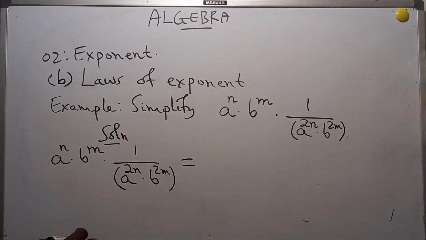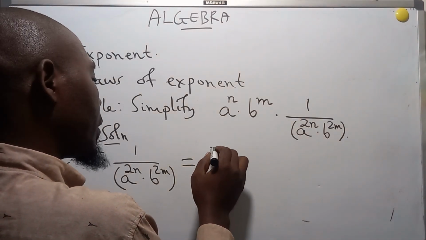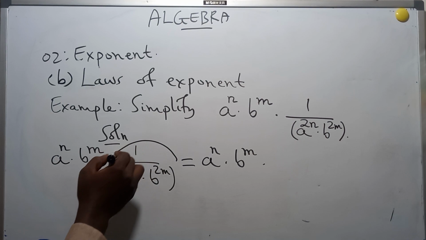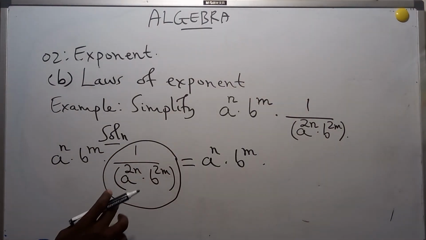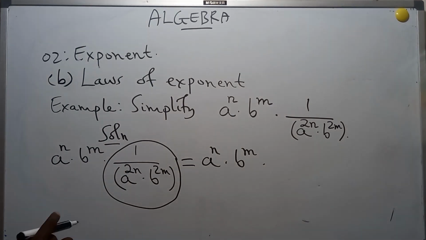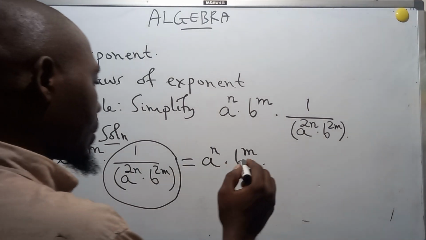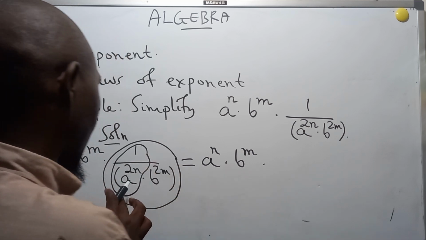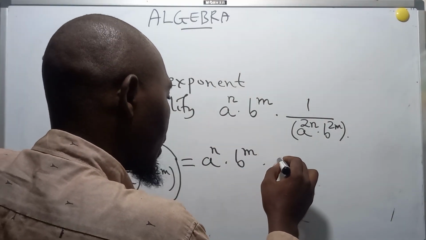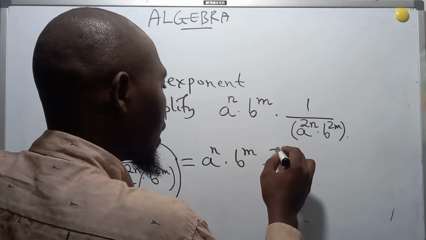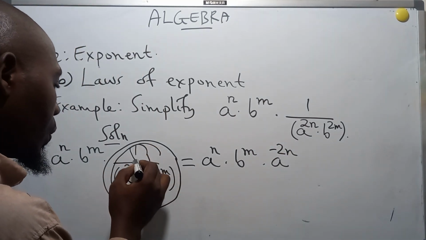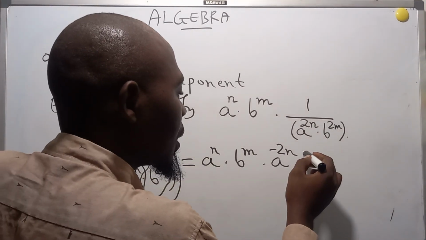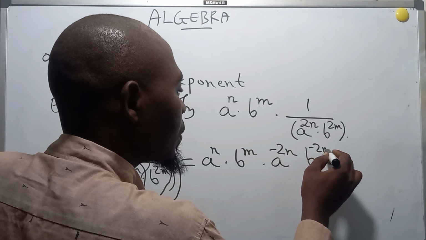I use the reciprocal law to write this term in another form: 1 over a to the power of 2n is a raised to the power of negative 2n, and 1 over b raised to the power of 2m is the same as b raised to the power of negative 2m.